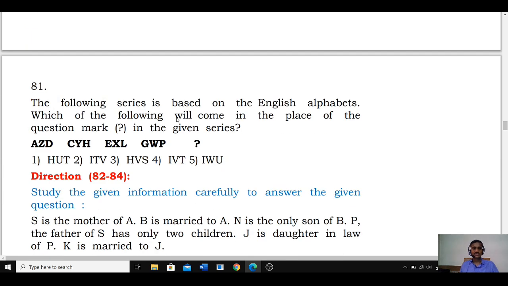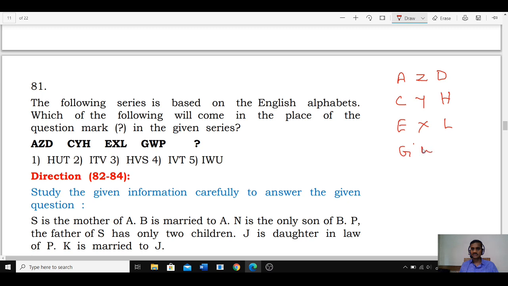Now question number 81 is based on letter series. Whenever more than two letters are given in the letter series, how should we write them? AZD, CYH, EXL, GWP next. A, C: A plus 2 C, C plus 2 E, E plus 2 G, G plus 2 I. First letters plus 2.